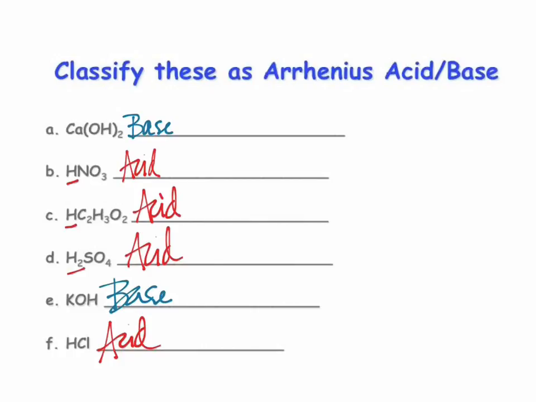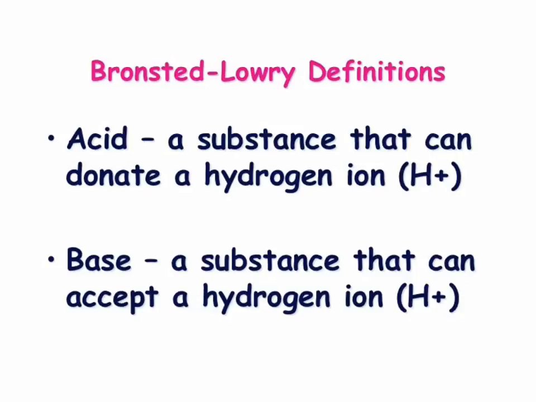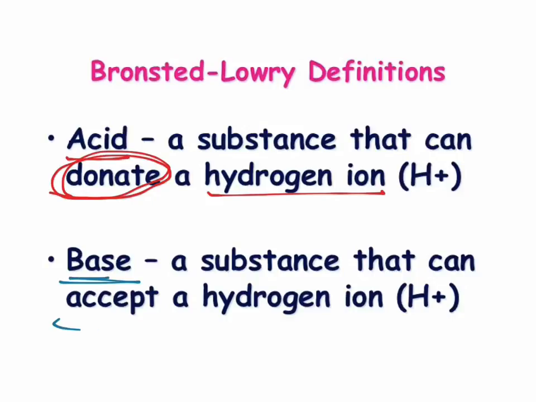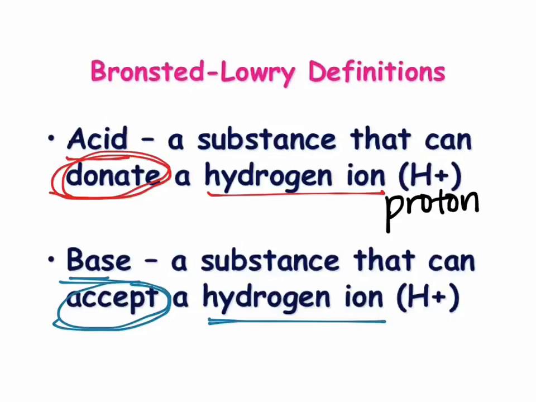Okay. So now we talk about Bronsted-Lowry. So Bronsted-Lowry, the definition of this says that when we have a Bronsted-Lowry acid, it donates a hydrogen ion. It donates a hydrogen ion. The Bronsted-Lowry base will accept the ion. And you're going to see that I am going to call those protons, because that's basically what it is.